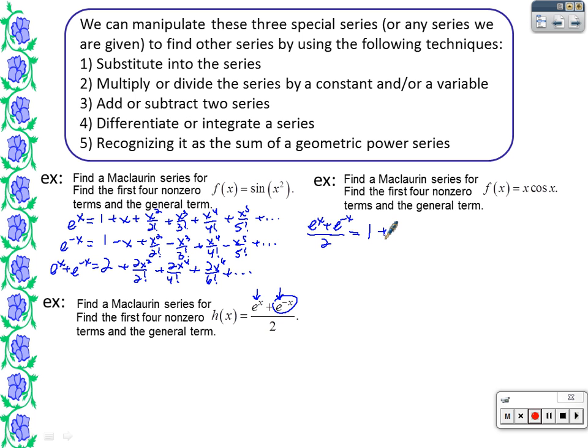1 plus x squared over 2 factorial plus x to the 4th over 4 factorial plus x to the 6th over 6 factorial plus dot dot dot plus. Now we're going to have to come up with a general term for this. Ideas?